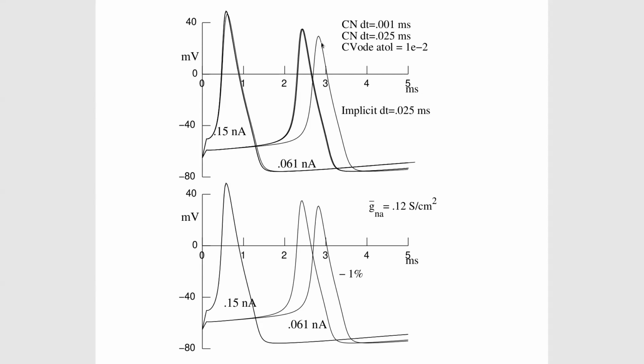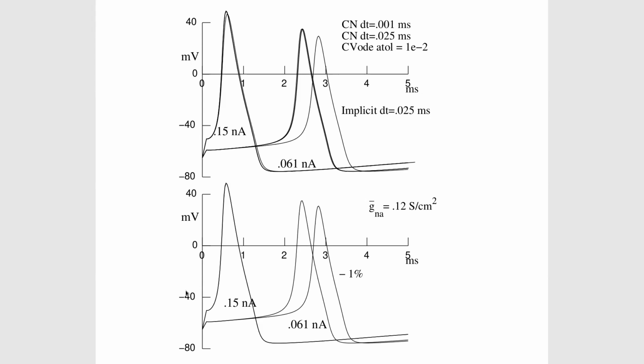Well, okay, so implicit method isn't so great when stimuli are very close to threshold. Okay. But should we feel bad about that? Should we throw that out?